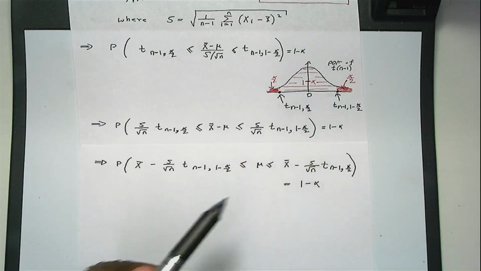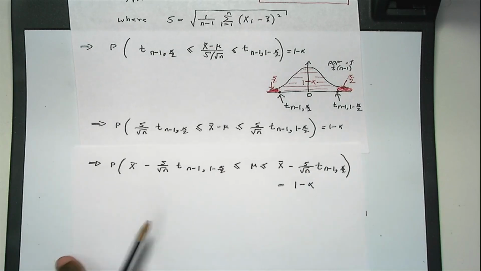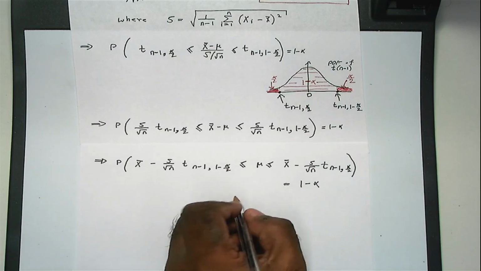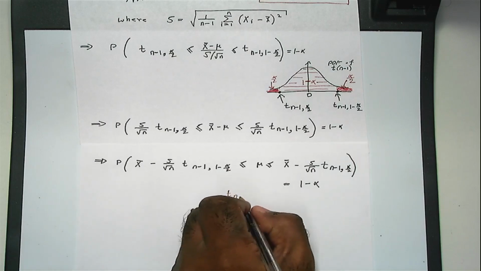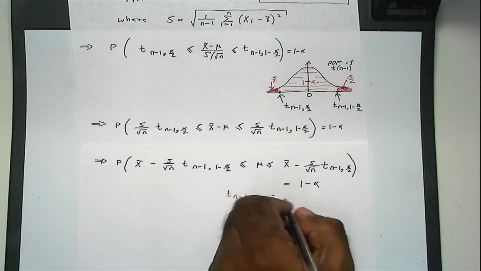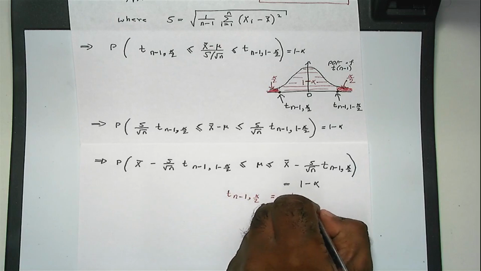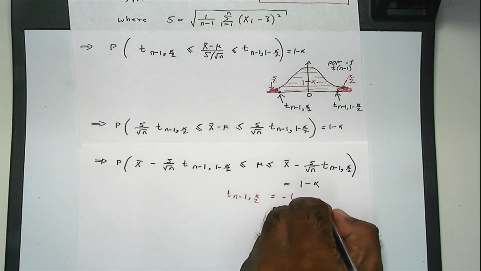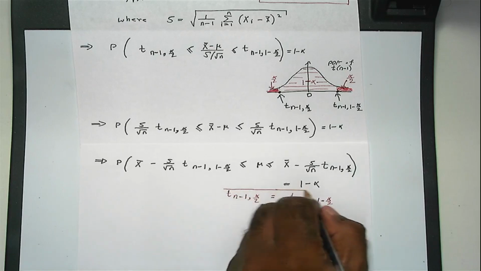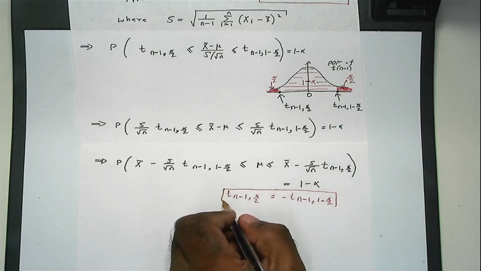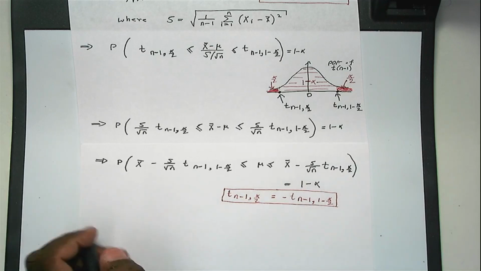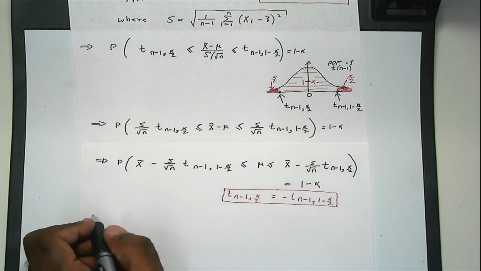I'm going to use that fact in the next video, that is the fact that T is equal to minus of T. This is due to the symmetry of the PDF of the T distribution. So using this, you can write this statement as follows.